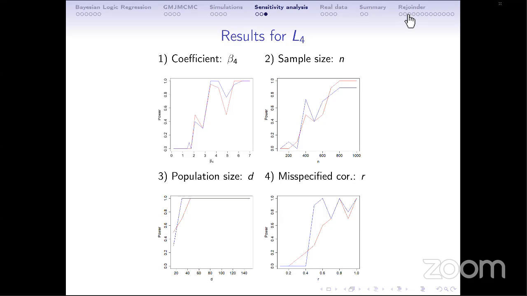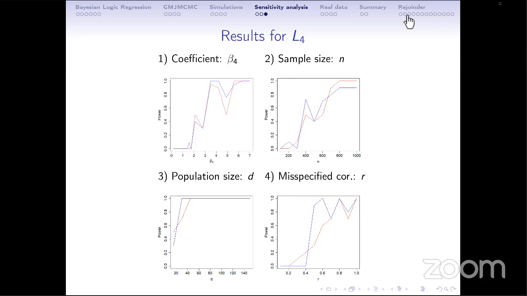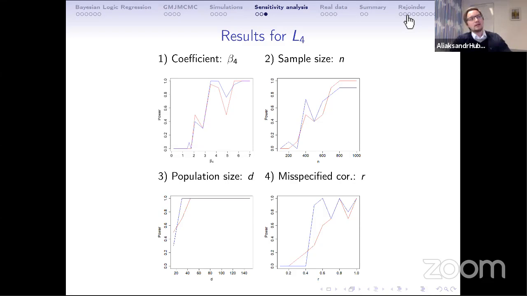Yeah. Alexander, can this be cured to some extent anyway by a 2-step approach? It's not the exact same model anymore, but it might make it faster. You mean?